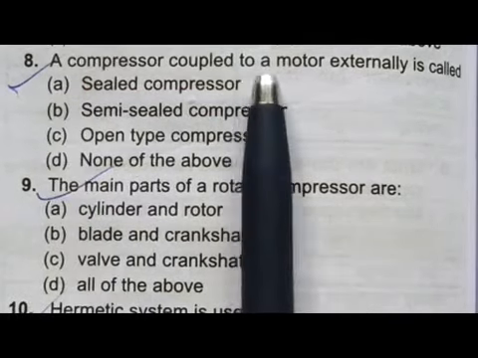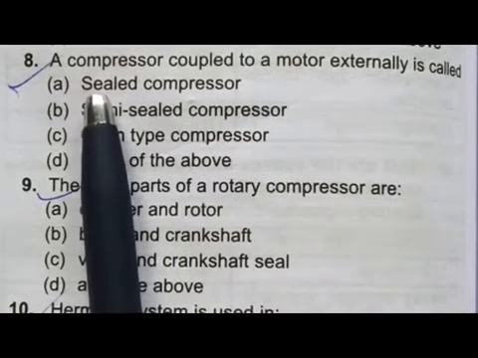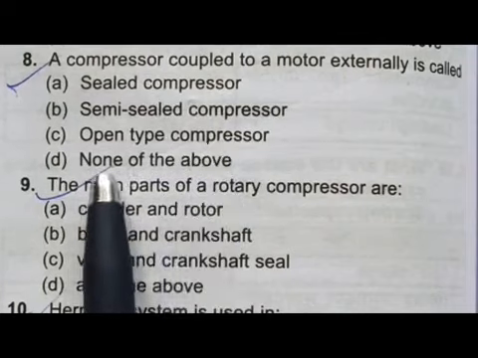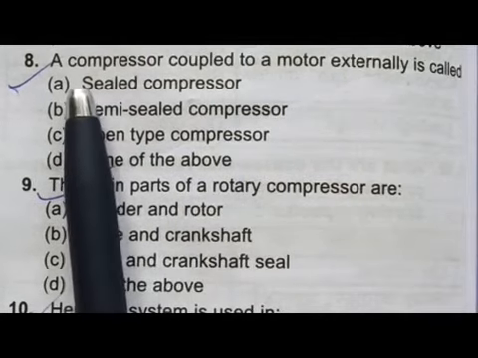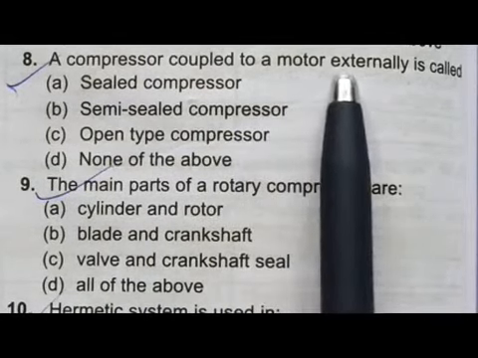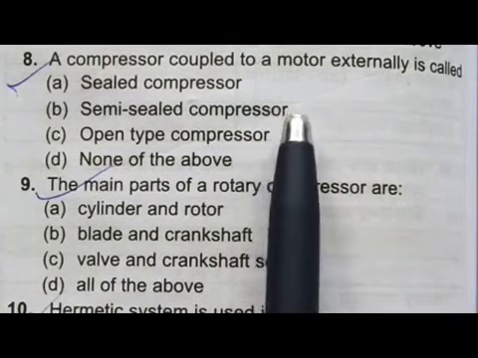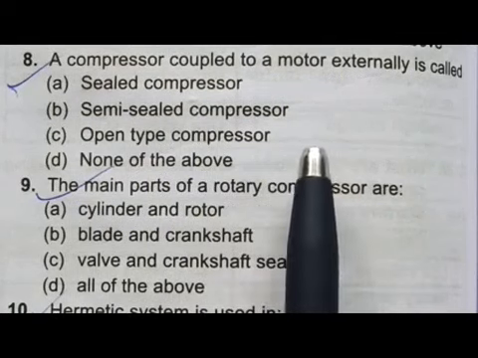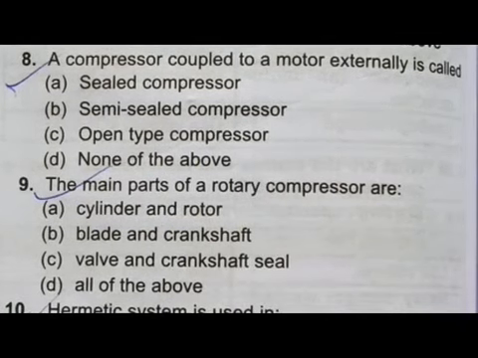A compressor coupled to a motor externally is called: sealed compressor, semi-sealed compressor, open type compressor, or none of the above. This is not sealed because the motor is used externally, and it is not semi-sealed, so this is the open type compressor, where we use a belt to drive the compressor through the motor.